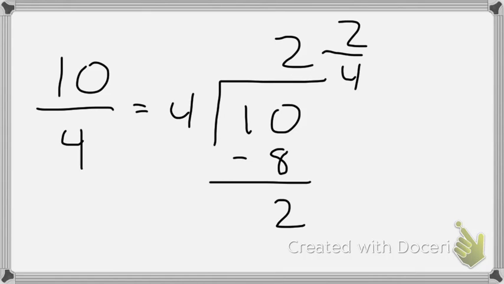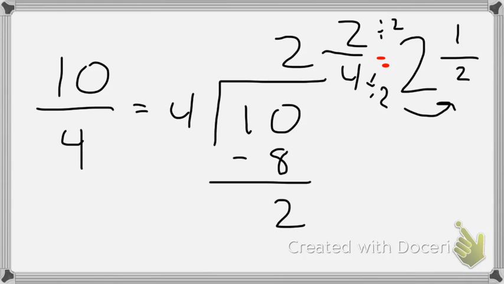Now we don't leave it this way because in 2 and 2/4 we can reduce 2/4. So the whole number will stay the same. The 2 is going to stay the same. But 2 divided by 2 is 1, and 4 divided by 2 is 2. So your answer would be 2 and 1/2.